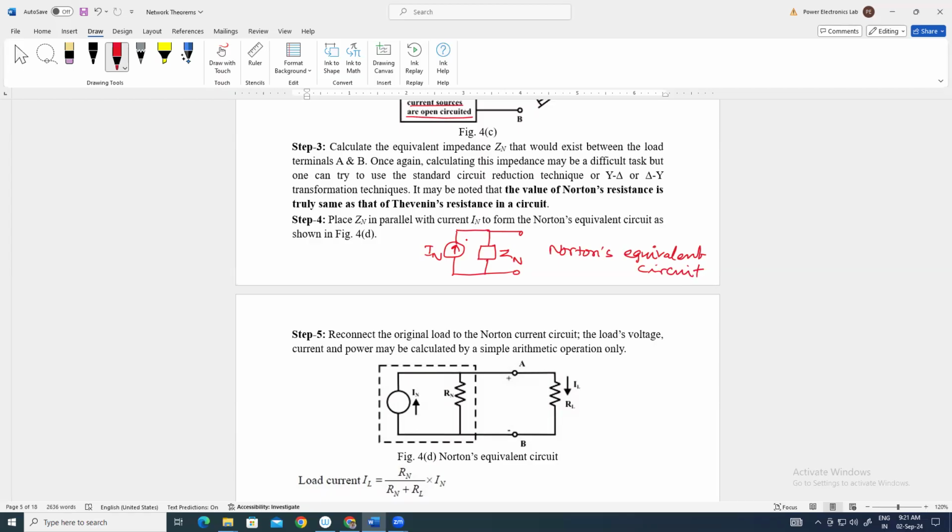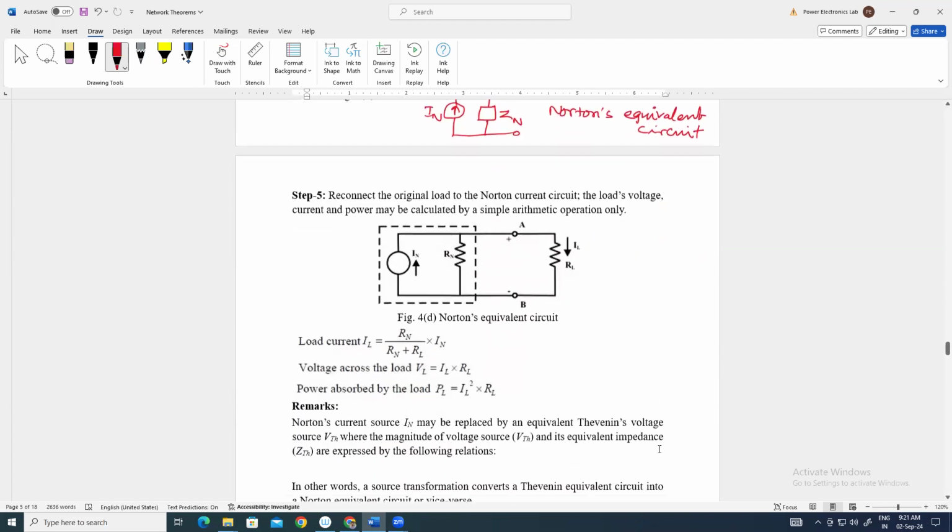Just like in Thevenin's theorem, we placed Thevenin voltage and Thevenin impedance in series, and that was called the Thevenin equivalent circuit. Similar to that, it will be the Norton equivalent circuit.